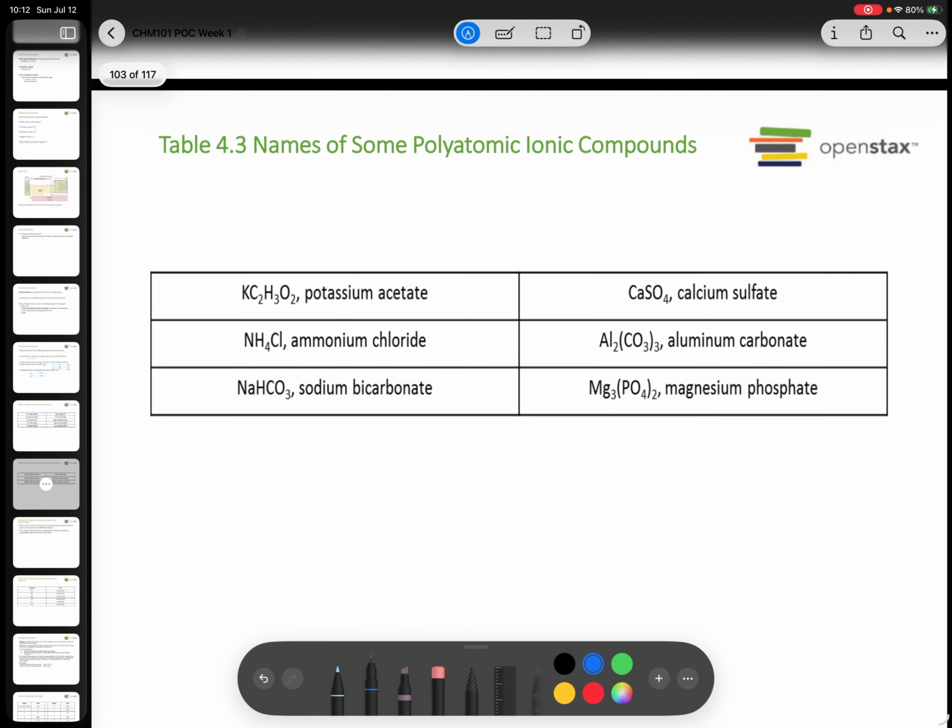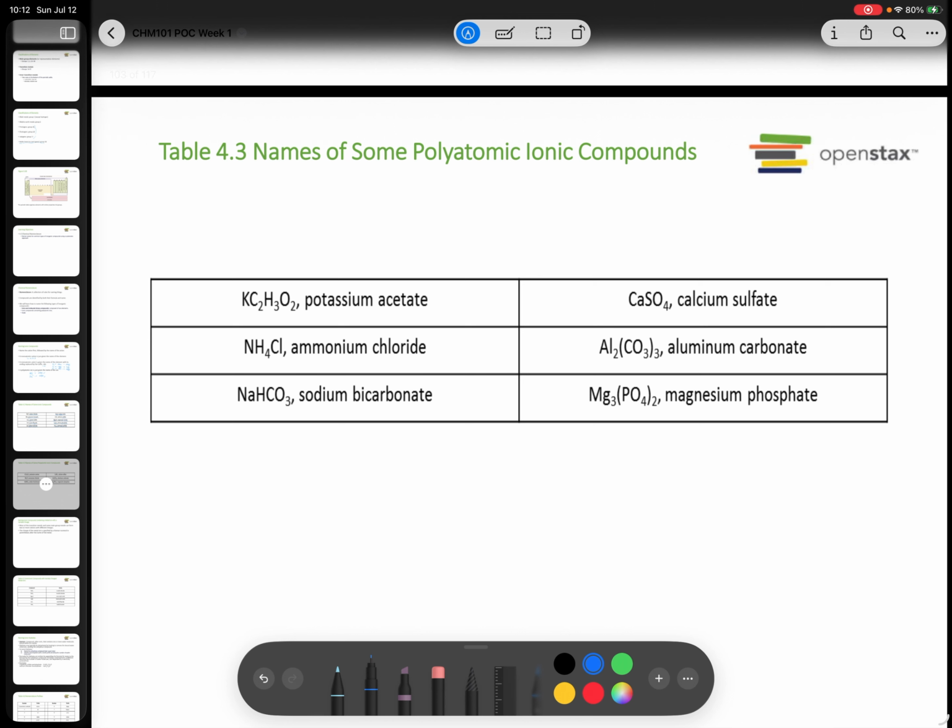So, ito naman yung names of some polyatomic ionic compounds. So, we have here, yan, potassium acetate. So, pansinin nyo, yun nga, hindi natin babaguhin yung kanyang polyatomic anion name. We have here ammonium, tas chloride, ammonium chloride. Okay. And we have here, ito, sodium bicarbonate.